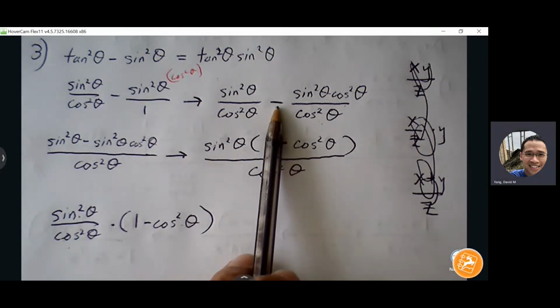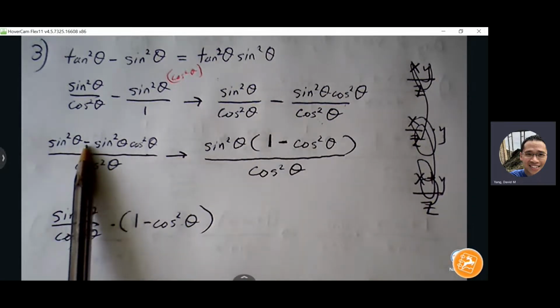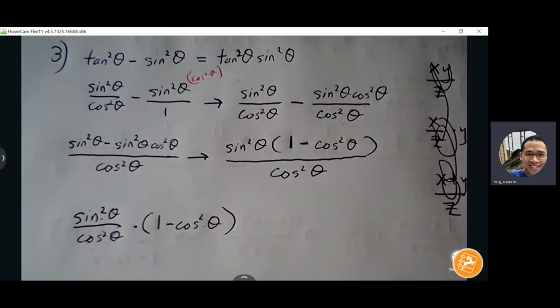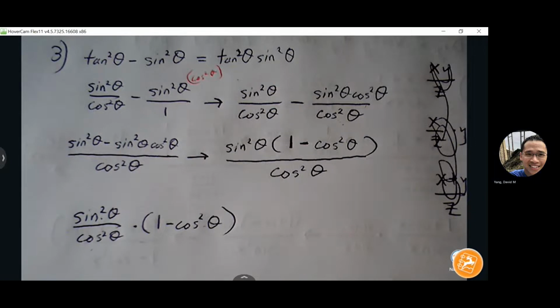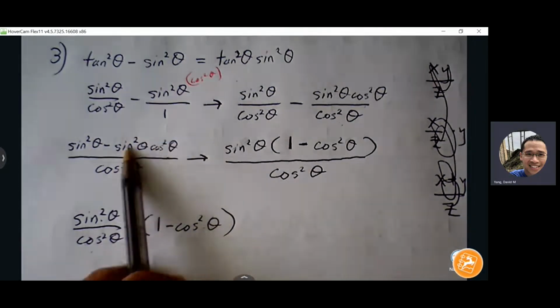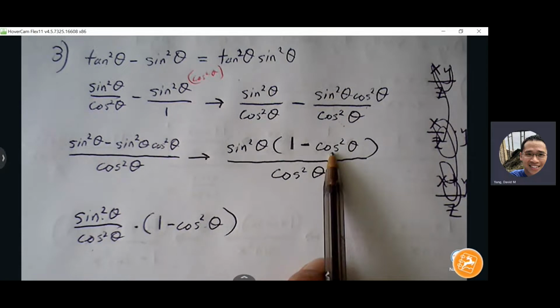This minus sign in the numerator, right before you factor, wouldn't that be in front of the one when you factor it? So it'd be like negative 1 plus cosine. Well, this sine squared is with the 1, and the sine squared cosine squared is with this cosine squared.